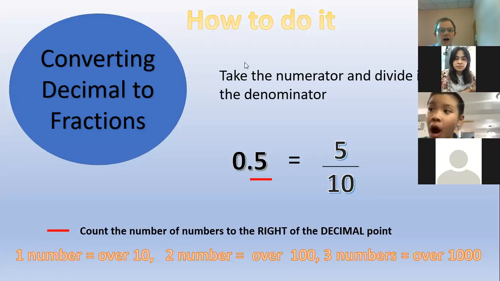So then we looked at how we convert decimals to fractions. If it's one number behind the decimal point, over 10. Two numbers over 100. Three numbers over 1,000.